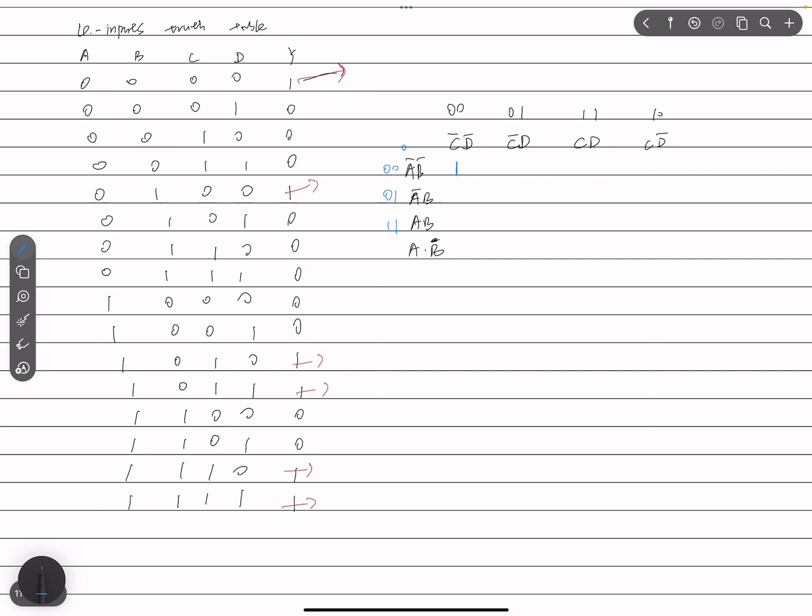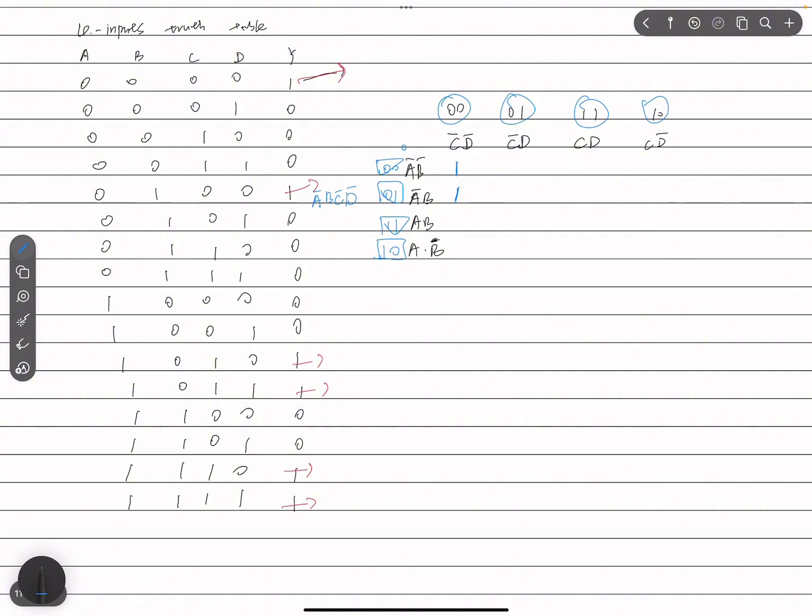These are inputs for A, B, and these are for C, D. The next one is A bar, B, C bar, D bar, A bar B which is here, C bar D bar which is here. That's also 1.